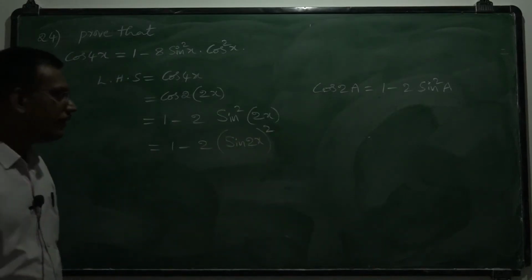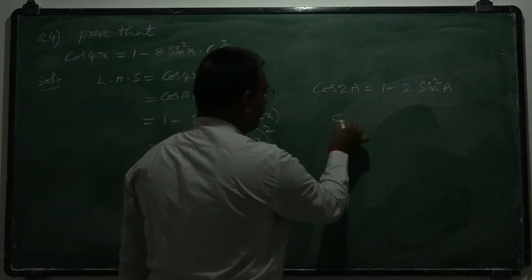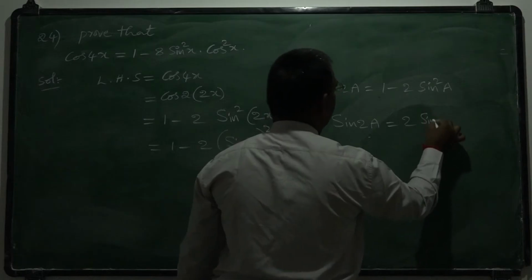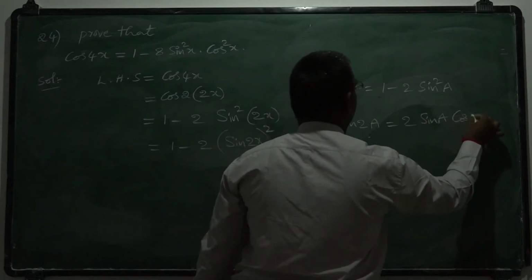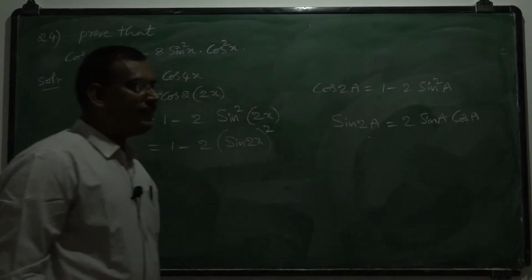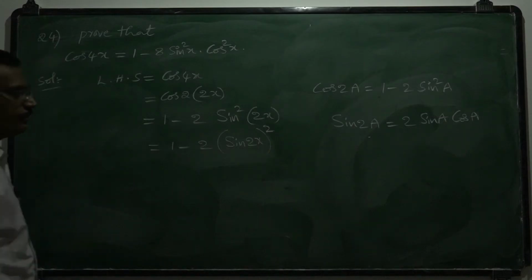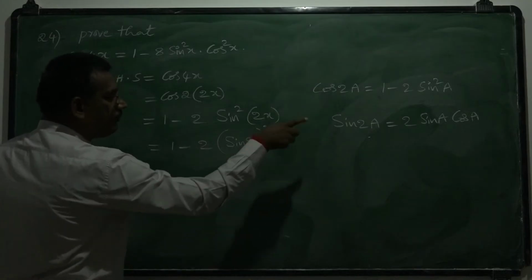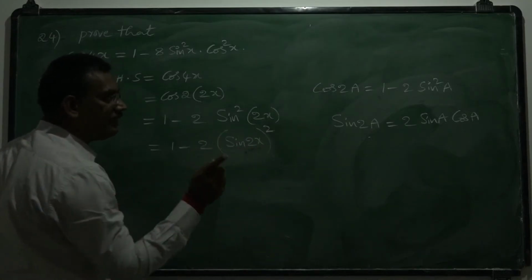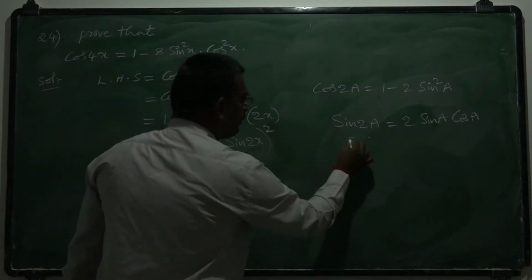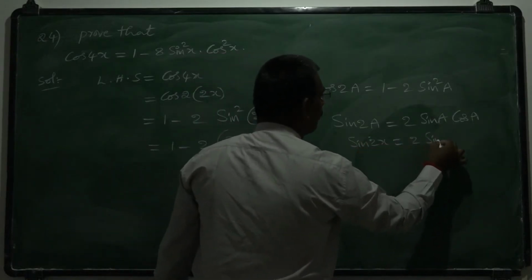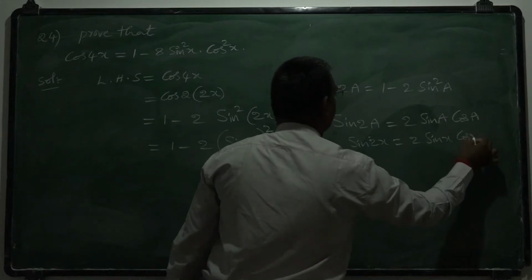We have a formula for sin 2a: sin 2a is 2 sin a cos a. Here we use this formula, just replace a by x, and sin 2x is equal to 2 sin x into cos x.